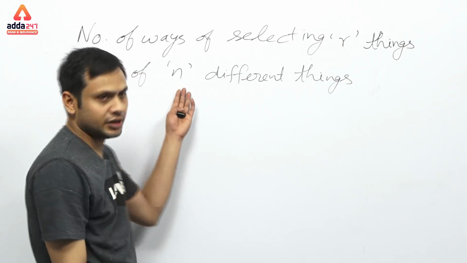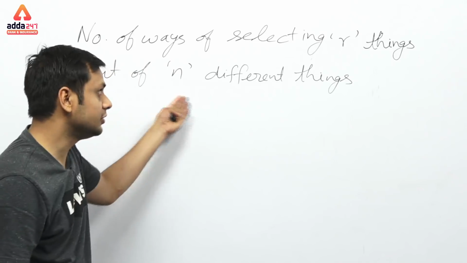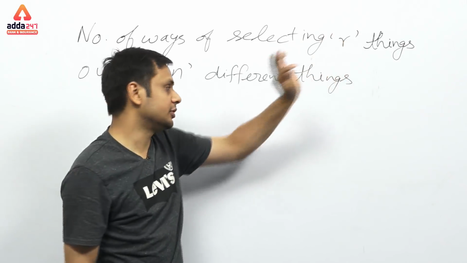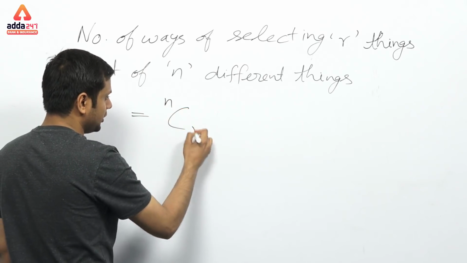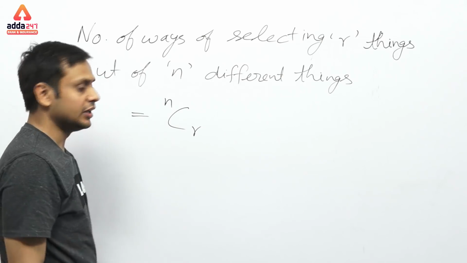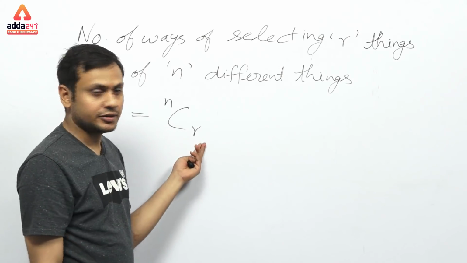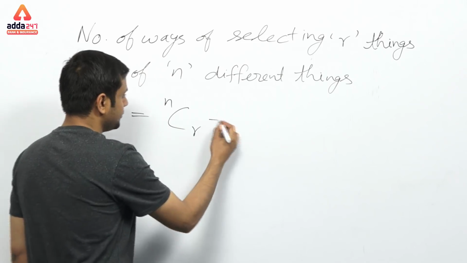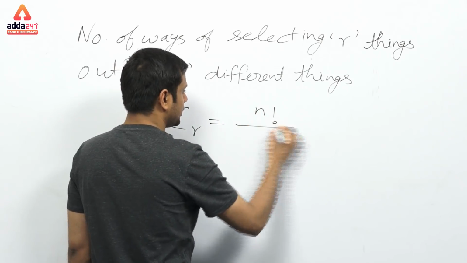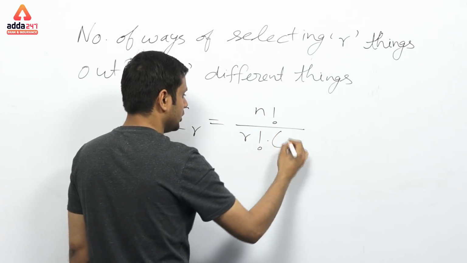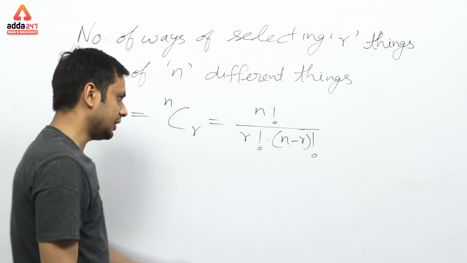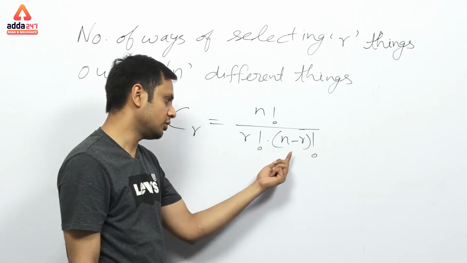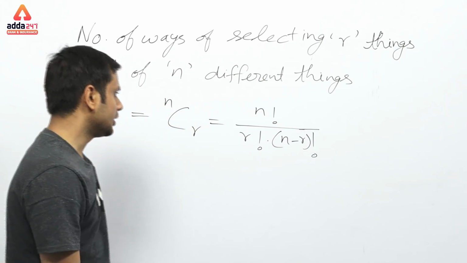Let's say there are 10 different things and you need to select 6 of those, right? Then this can be done in how many ways? We call it NCR, or the combination. How many combinations of R things are possible out of n things, and its value is equal to n factorial divided by R factorial into n minus R factorial.